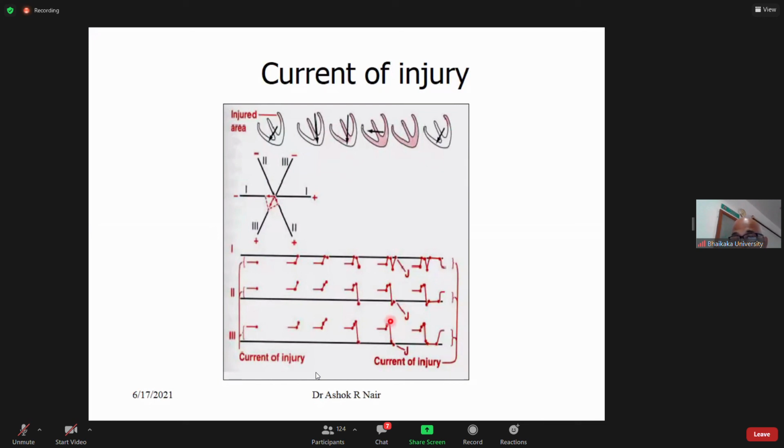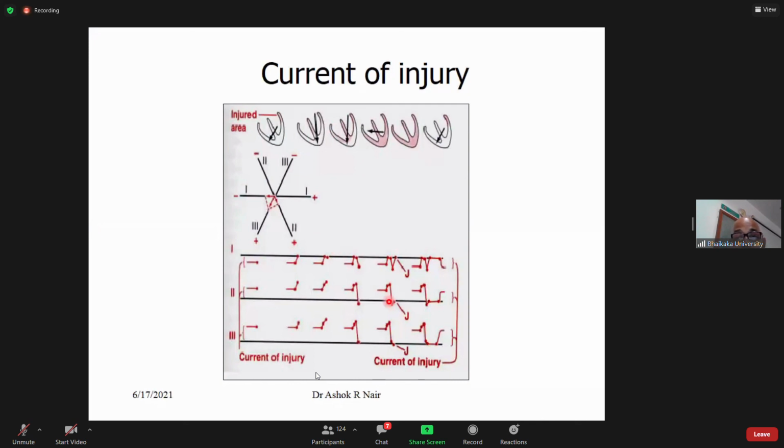Now this is the current of injury in case of, let's say, lead 3, and you have lead 1. You draw it to this.